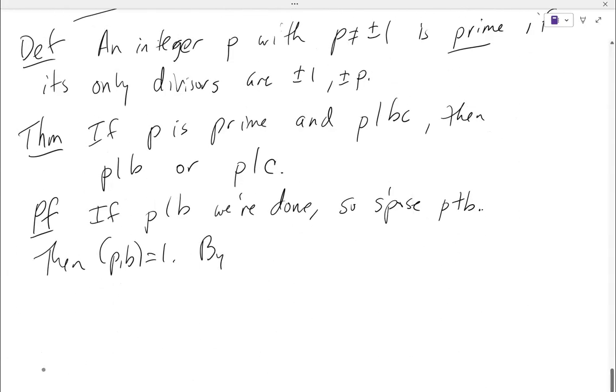So by theorem, or thm 1.4, always abbreviate it, by theorem 1.4, we have P divides C. Not a very long proof. Another reason why I like it. It's not a very long proof. But it does illustrate the proof technique that I mentioned, a kind of proof by cases idea, if you will.